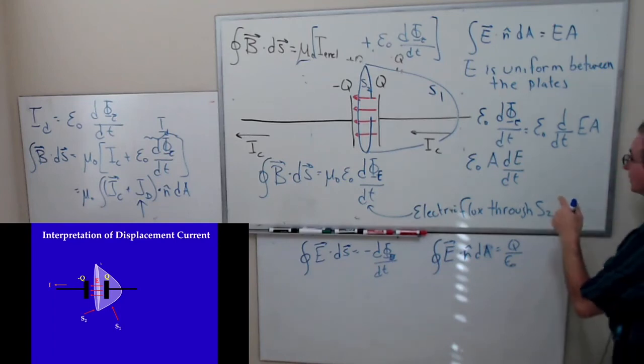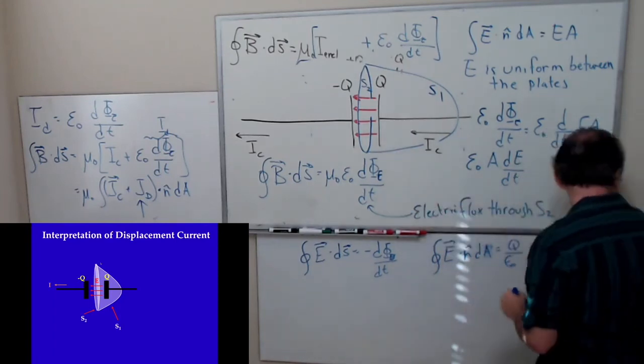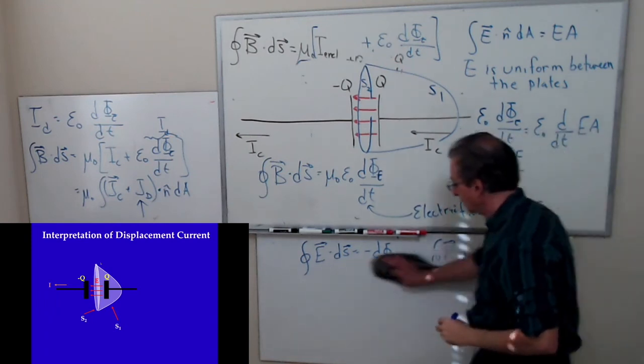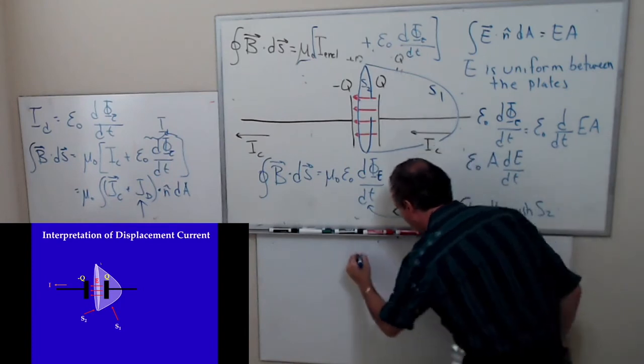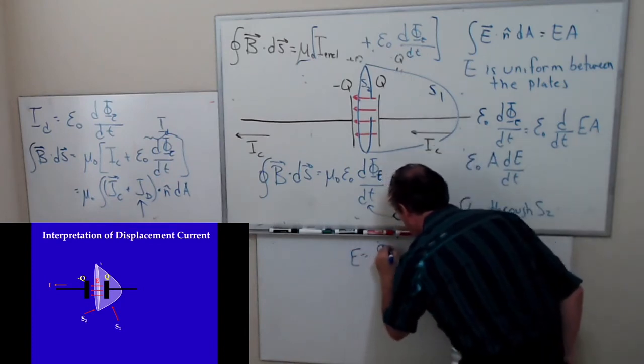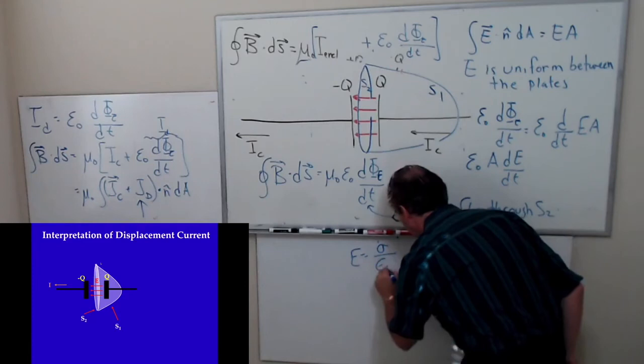Now, for a parallel plate, if you remember from earlier in the class, E is sigma over epsilon naught.